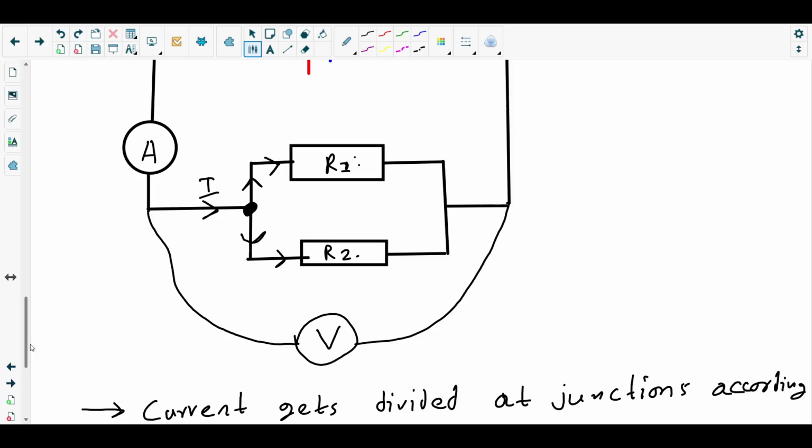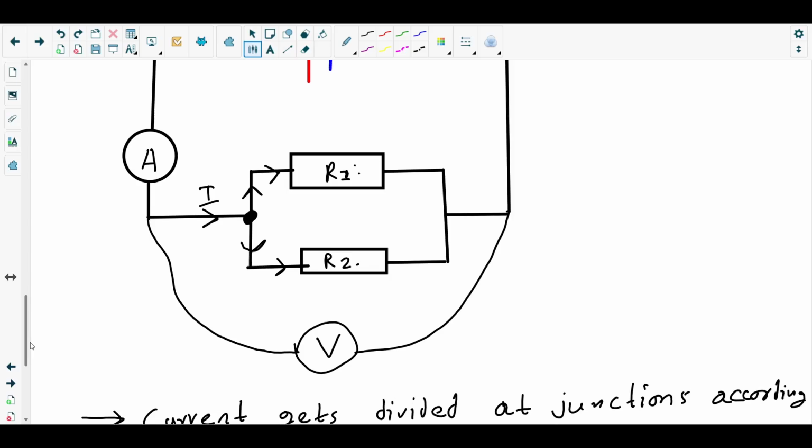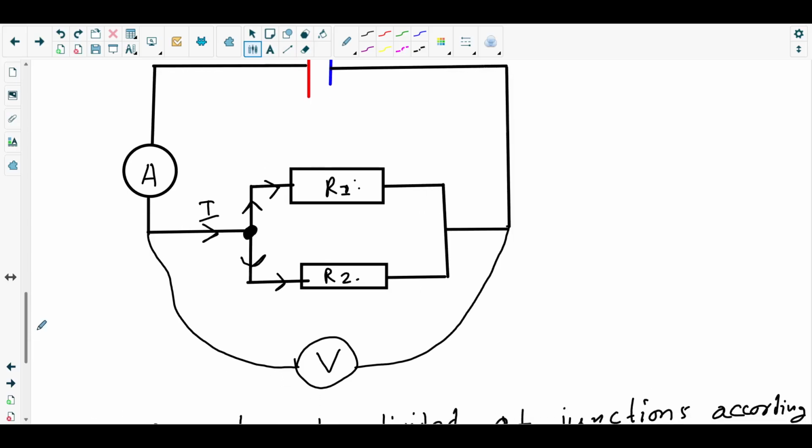Now the question is how the voltage is constant there. This is the voltmeter, and the voltmeter measures the voltage difference, right? If you see the two resistors, the terminals of the two resistors are connected to the same common terminal.